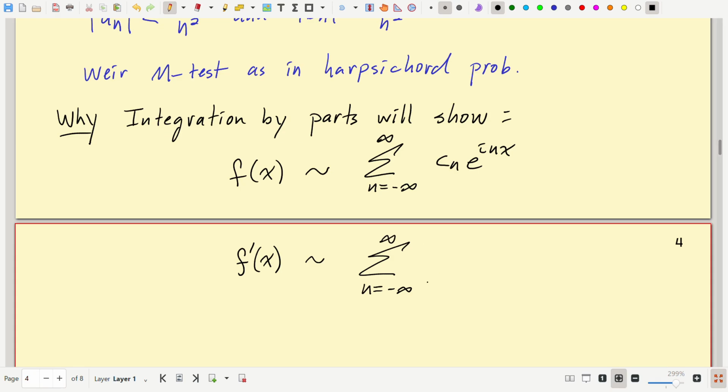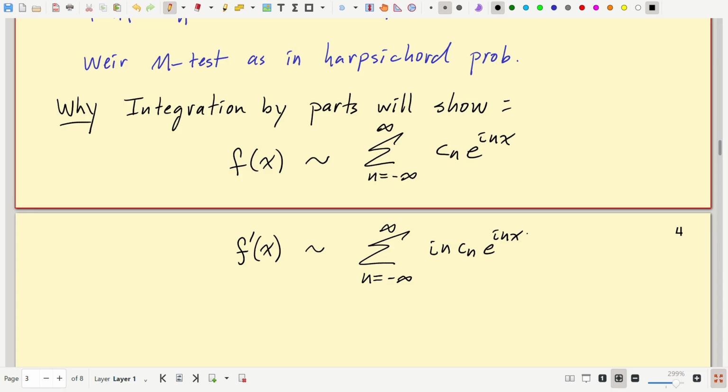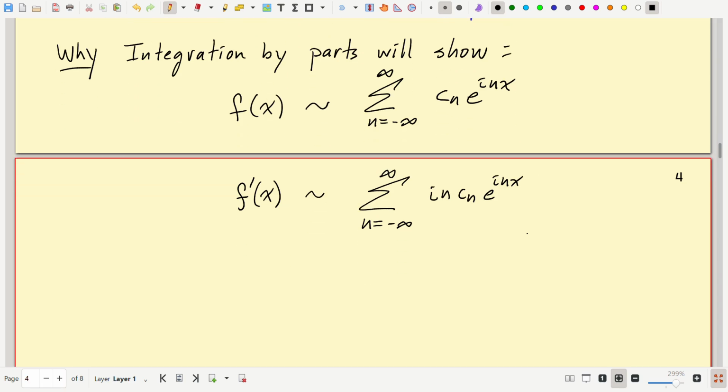If I differentiate that term by term, I would get in Cn coming out by the chain rule. And the Fourier series for the second derivative would correspond to minus n squared Cn e to the inx.